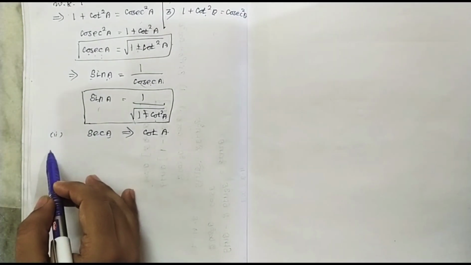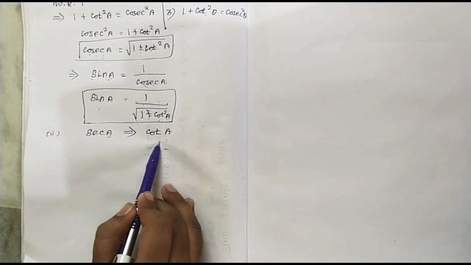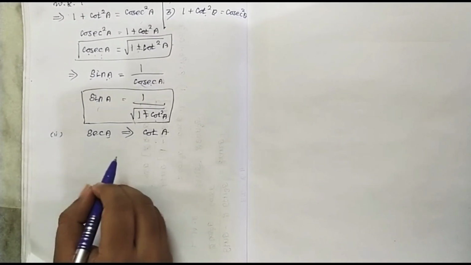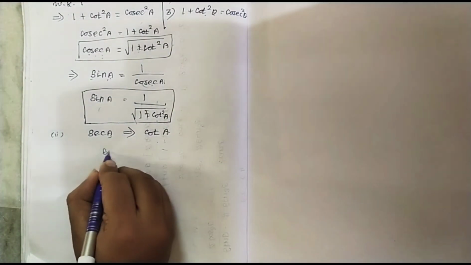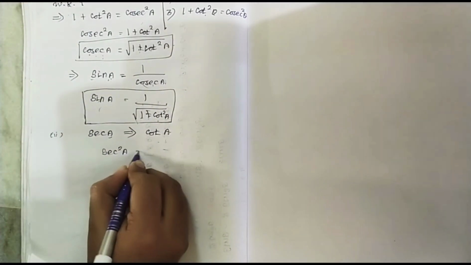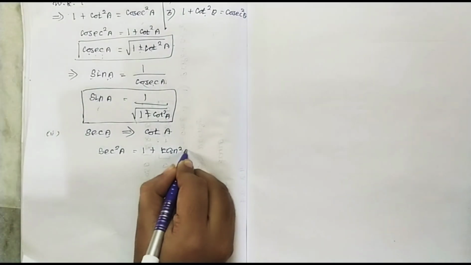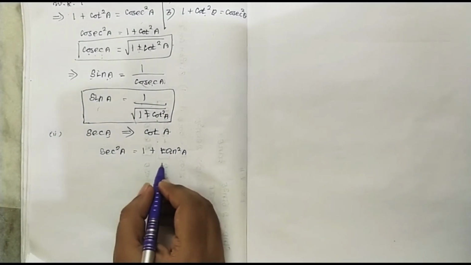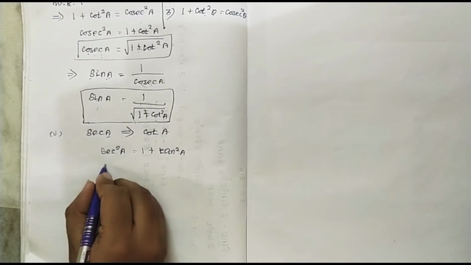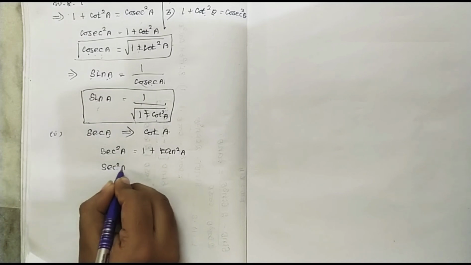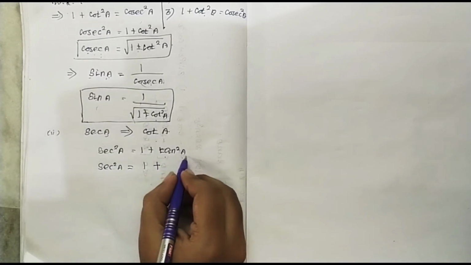What is the second identity? Secant square A equal to 1 plus tan square A. Now write secant square A as it is, equal to 1 plus tan square A.